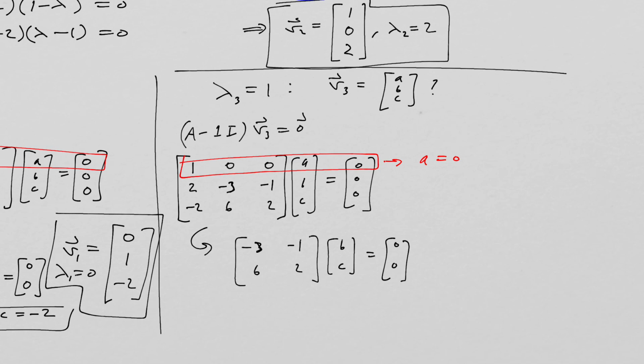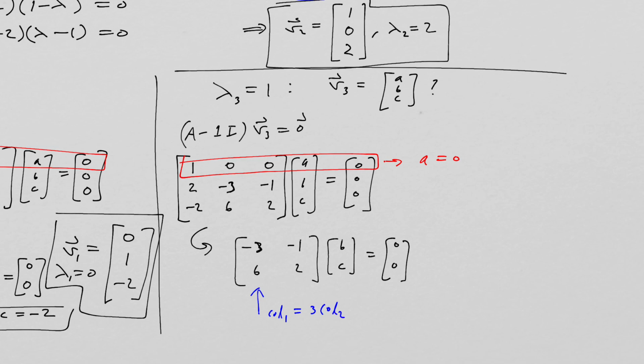Again, note here that column 1 is equal to 3 times column 2, right?